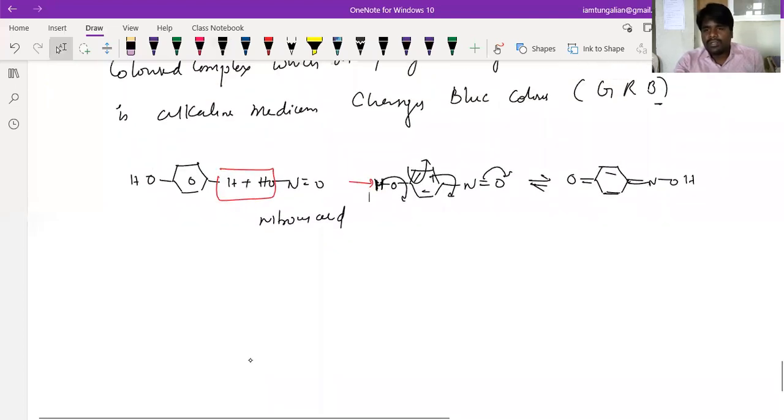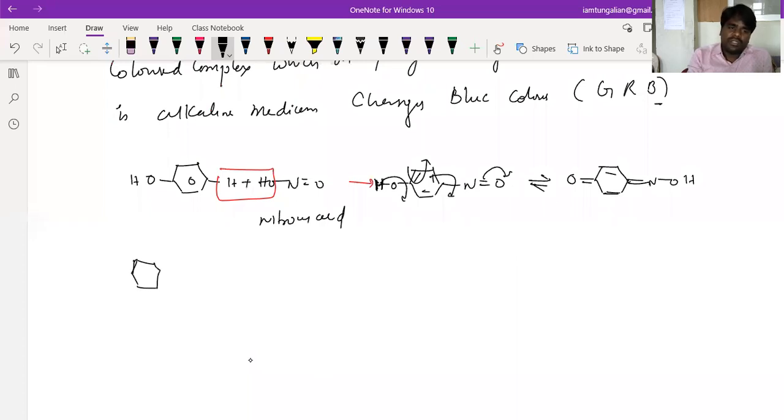This particular compound will react with one more phenol further, in the presence of H2SO4. I know you might find this a little difficult. Why am I writing such a lengthy reaction?